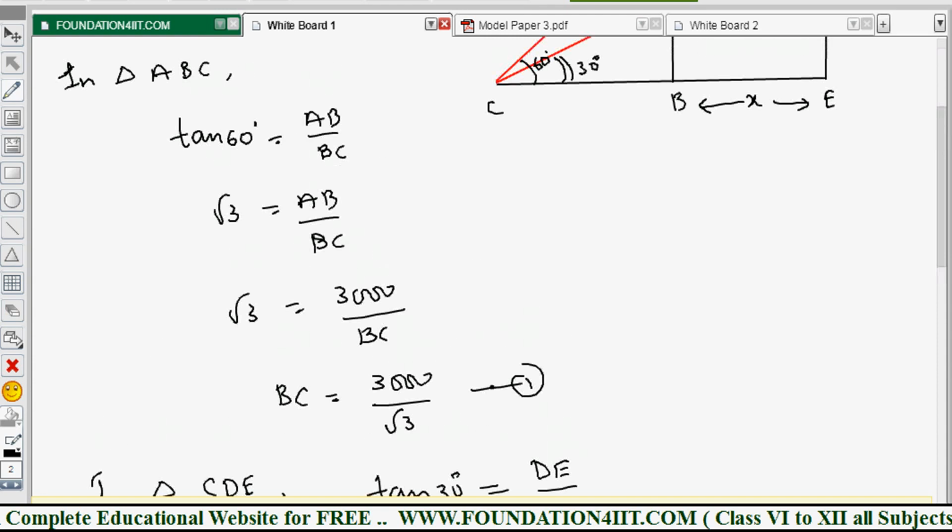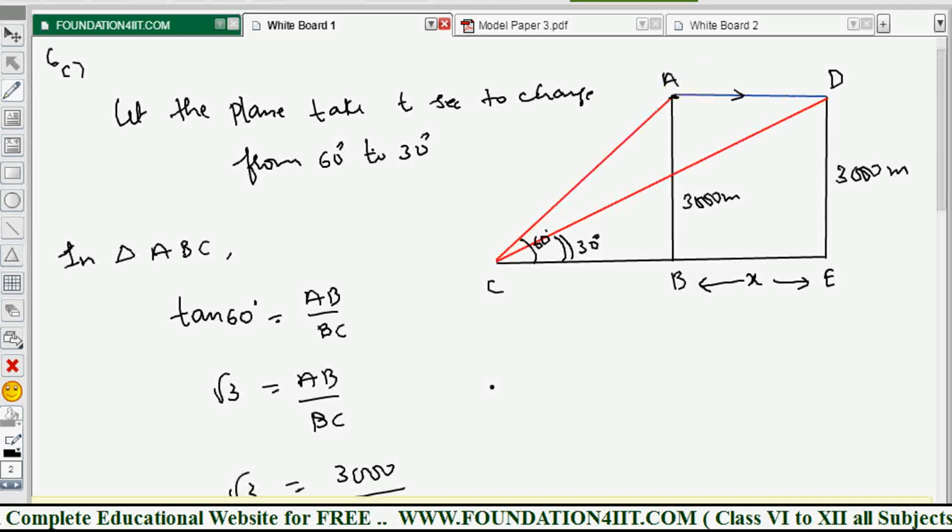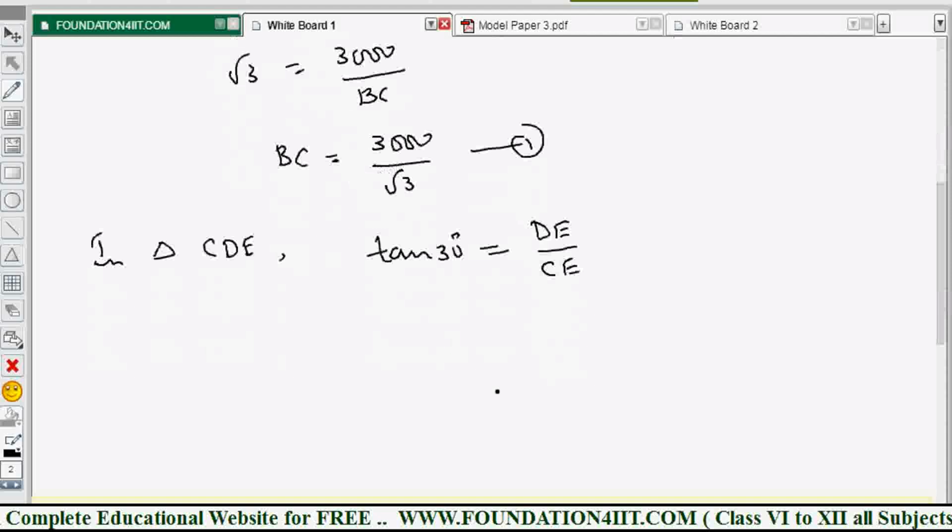Same here also, DE is 3000 meters. Then tan 30 value is 1 by root 3. This is 3000 by CE. Then from this CE is equal to 3000 into root 3, by doing cross multiplication. So CE value is 3000 into root 3.